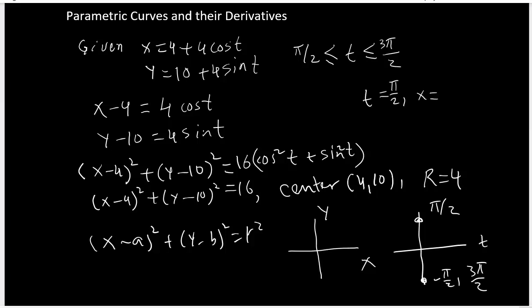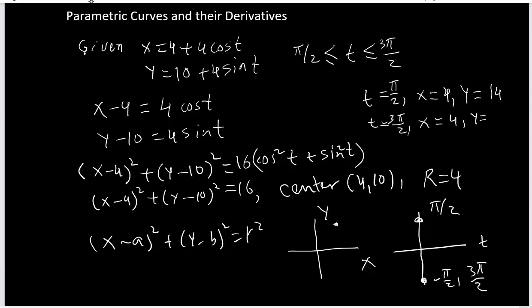When t equals pi by 2, you can plug in pi by 2. So cosine pi by 2 is 0, so x is 4. And y equals sine pi by 2 is 1, so 10 plus 4 is 14. So I got a point, x equals 4, y equals 14. So you can mark 1 point here. When I'm writing t equals 3 pi over 2, then cosine again will be 0, so x is 4.